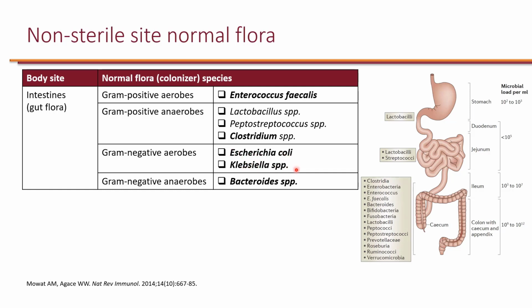So E. coli and Klebsiella certainly reside here. And the most important anaerobe is perhaps Bacteroides that resides in the lower GI tract, but is pretty much unlikely to be found in other parts of the body. And in general, when people talk about antibiotics and ask if an antibiotic has anaerobic activity, they're primarily talking about Bacteroides rather than other types of anaerobes.